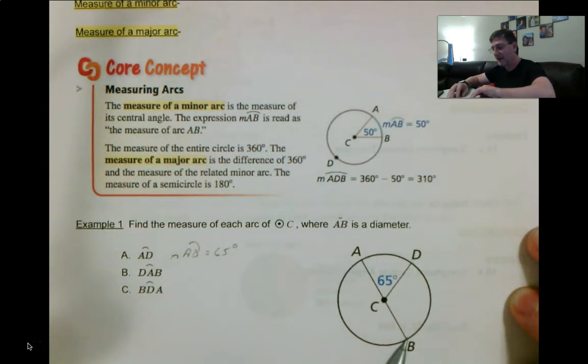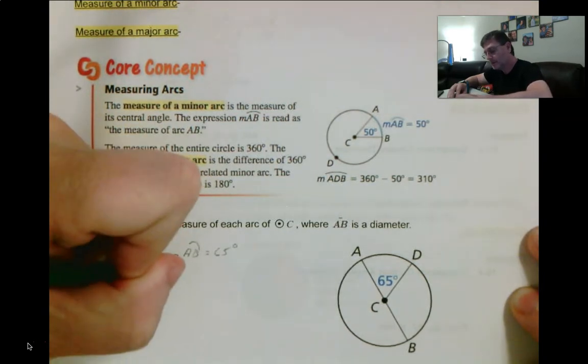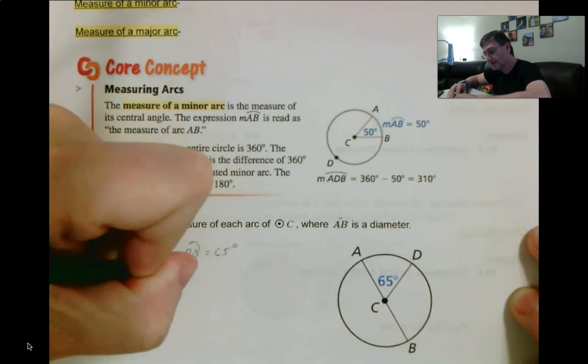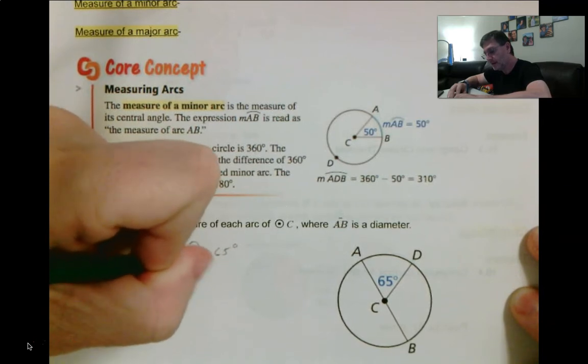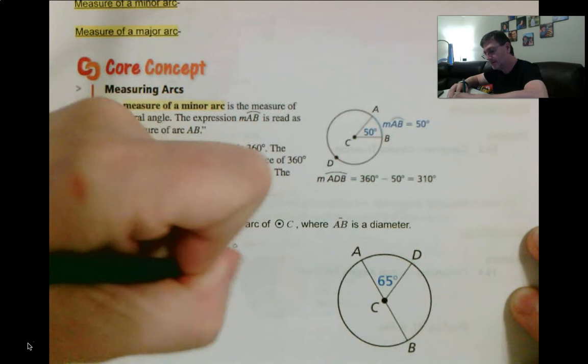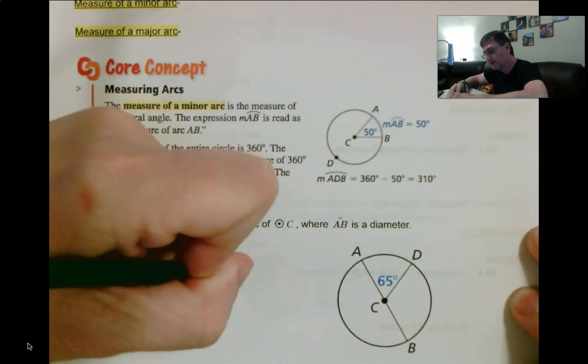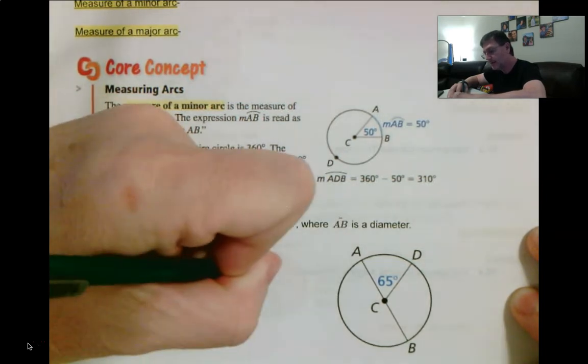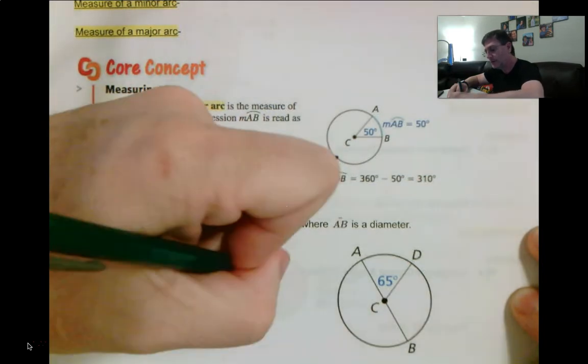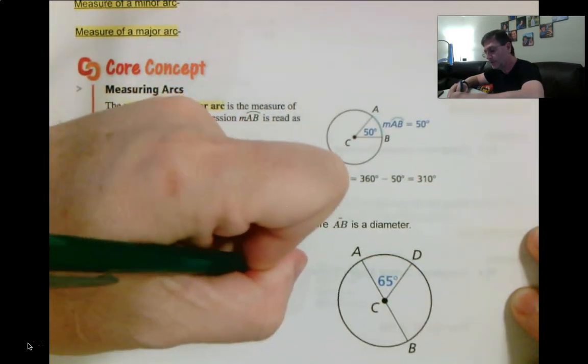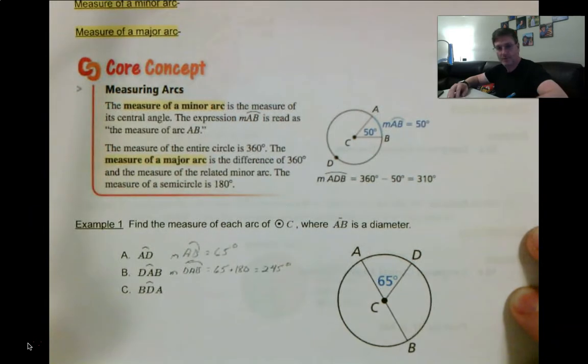This is 180. So the measure of arc DAB is equal to 65 plus 180, which is equal to 245 degrees.